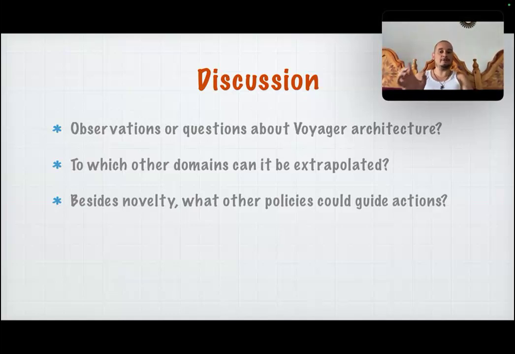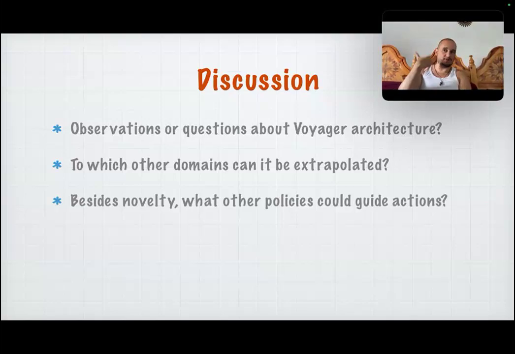So instead of optimizing for novelty in terms of learning new skills, we are now optimizing for finding zombies, for getting stronger to engage with zombies, etc. Those are the different policies we could be considering instead of novelty.